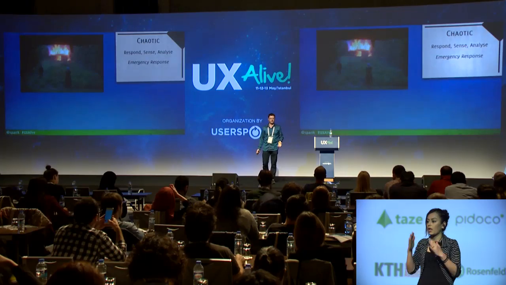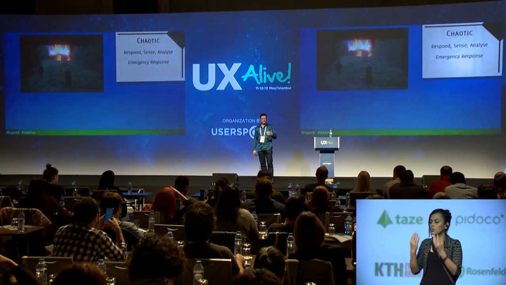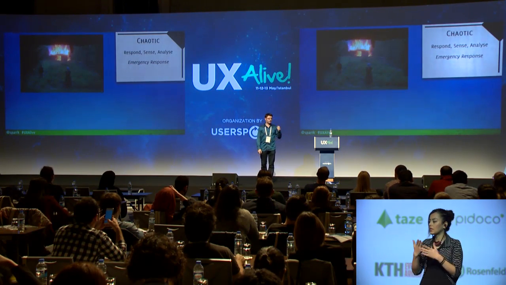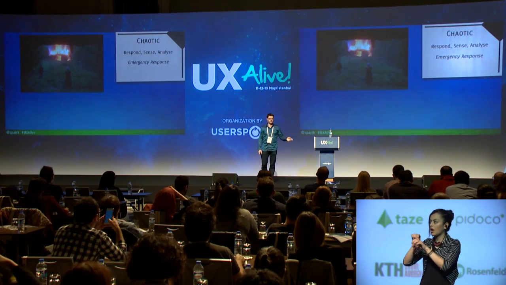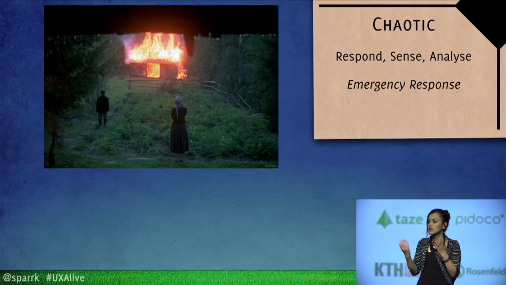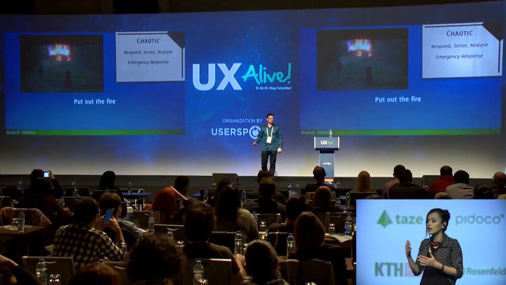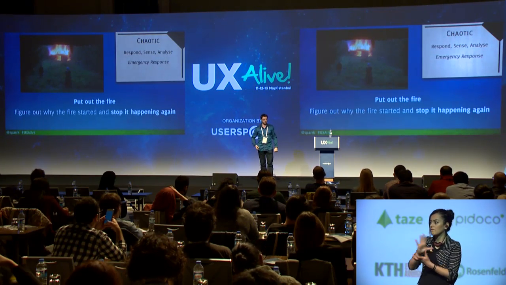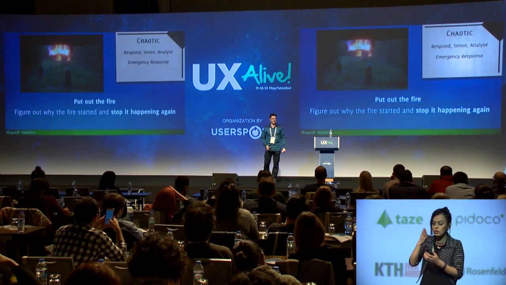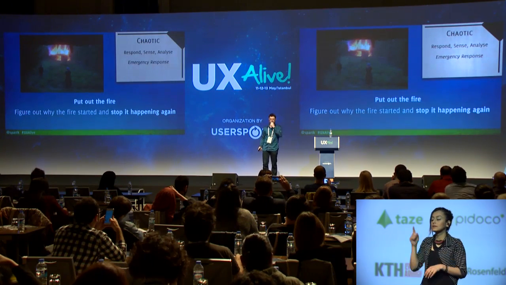Basically, the house is on fire, right? When the house is on fire, you don't peer in through the window trying to figure out if it was the toaster or the electric heater that started the fire. You put the fire out. But then you don't want the house to catch fire again, so you figure out why the fire started, and you do whatever's necessary to stop it happening again.